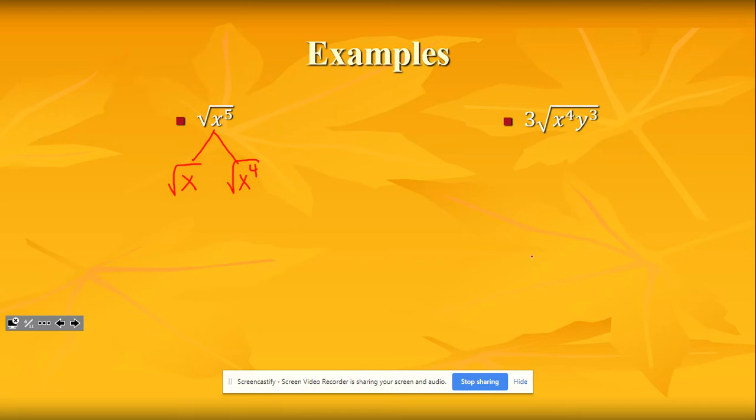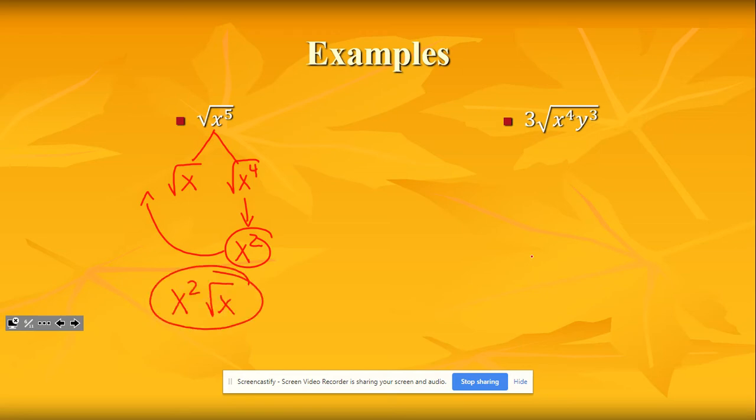Now we have an even power underneath a radical. We simply cut it in half and pull it outside the radical, x squared. This, because it's on the outside now, goes in front. So my final answer for this one is x squared radical x. Pause the video at this point to try the other example.